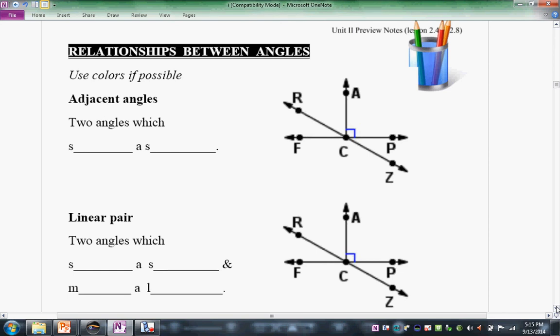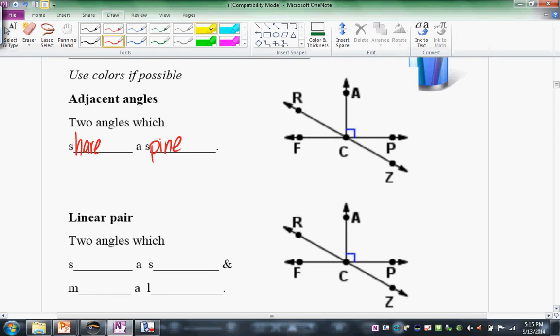Adjacent angles. Adjacent angles are angles which share a spine. So in this case, trace with me any two angles that share the same spine, or what's also called the common ray.